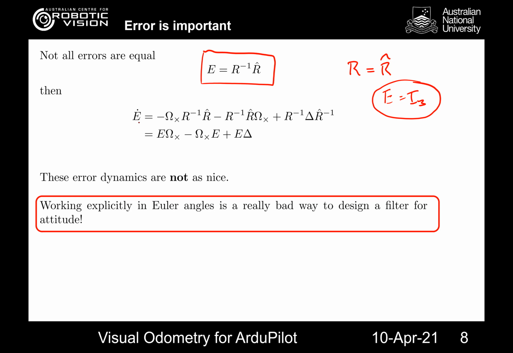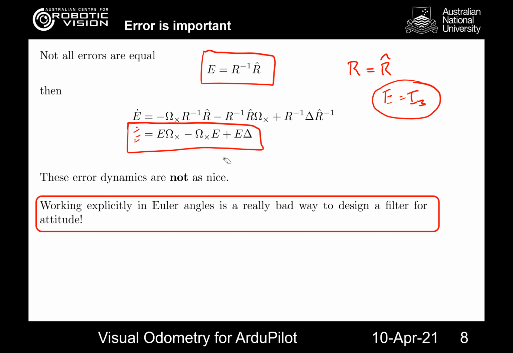So when I take the dynamics of this equation, right, I get something which is still not terrible, but it's not as nice, right? Remember in the other dynamics, I had cancelled these terms out, right? And so there's this underlying concept, which is that it really matters what error you choose, all right?